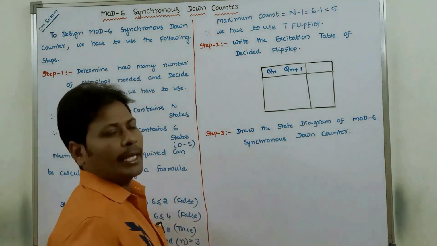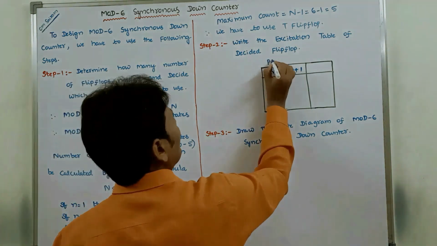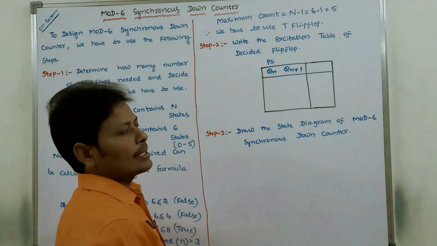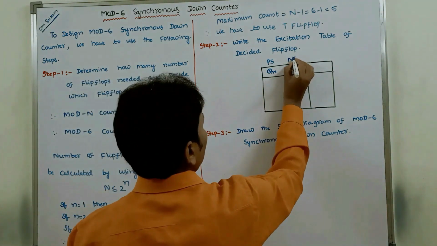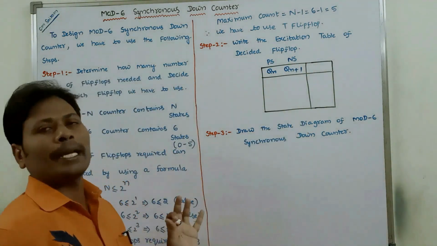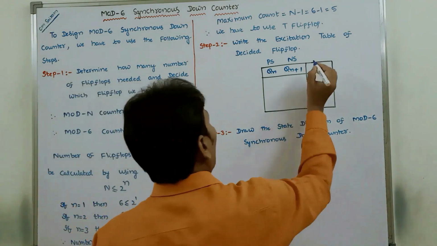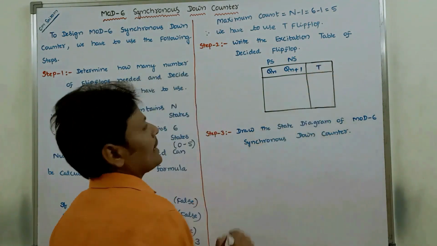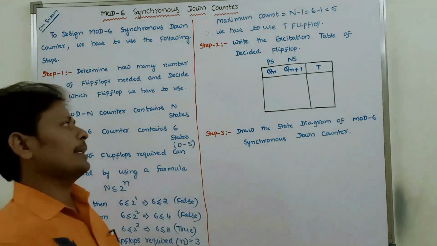Qn is the present state. Qn plus 1 is the next state. These two are taken as inputs and the output, that is the excitation input, is T.